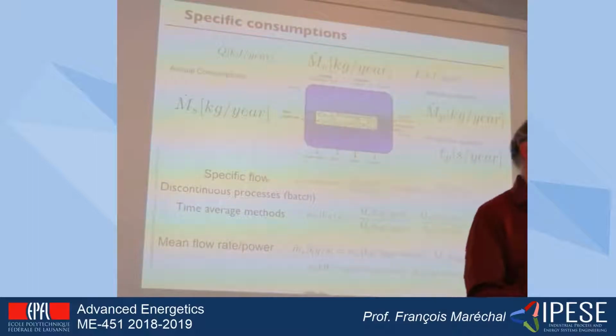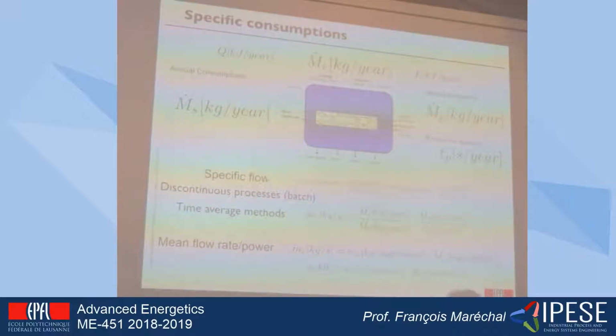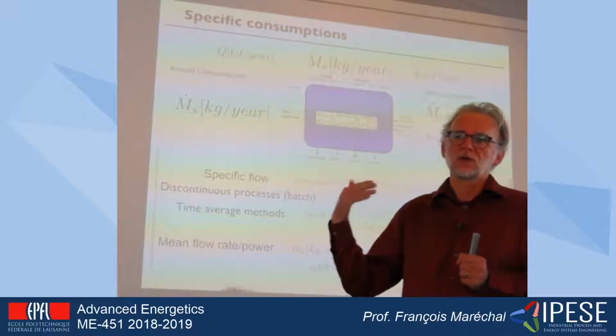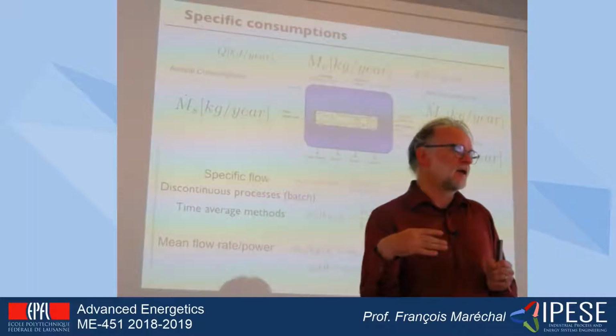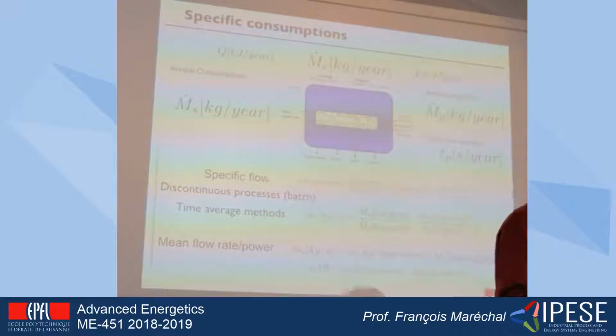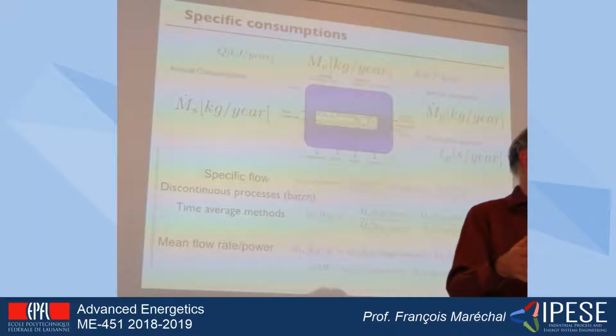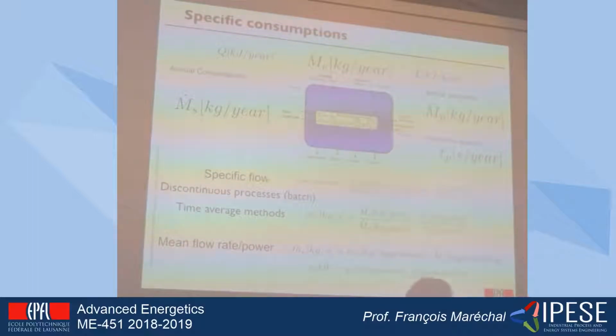Okay? Which allows us then to have a performance indicator, because then we will know how much steam we use per unit of product, how much gas we use per unit of product, how much electricity we use per unit of product. And this is a very nice indicator, because if now your boss says, okay, I want to produce more, you will know how much steam you will need more, how much electricity you will need more, how much gas you will need more.